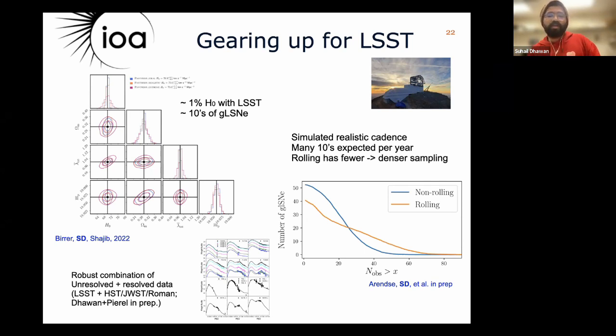Also, in some work that I'm doing with Nikki Arendse in Stockholm, using a realistic cadence, we are seeing whether we will actually be able to find these in the LSST observing strategy, which observing strategy would be the best, and how we can allocate resources in order to get the optimal constraints on time delays and therefore on H0. What we find is that the number that we need for about 1.5% can be found in a few years of operation.